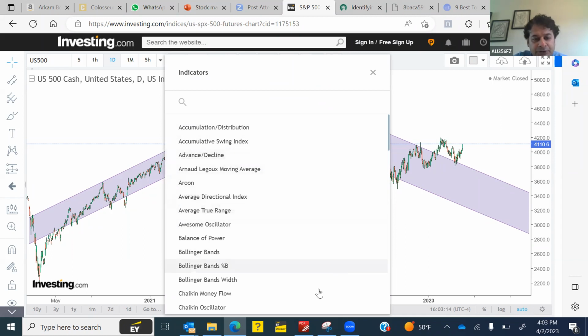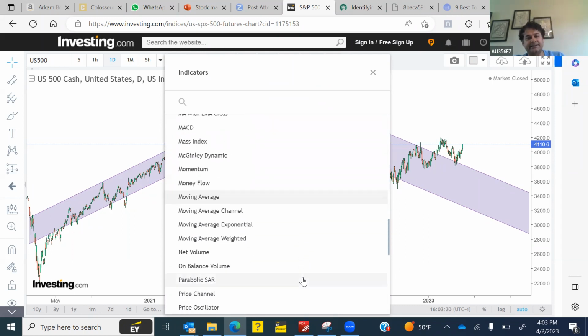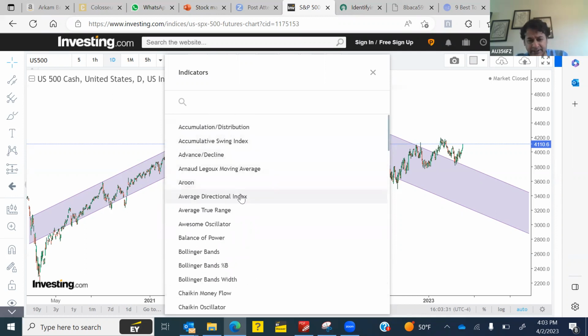So I could use any of these, but as I said, people try to make their own indicators and whatever they feel comfortable with, how they work with it. So moving average convergence divergence, some people try to look at accumulation, some people try to follow Bollinger Bands, but all of these indicators don't work all the time.